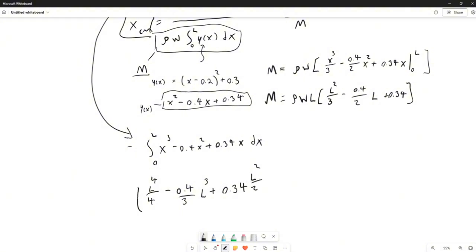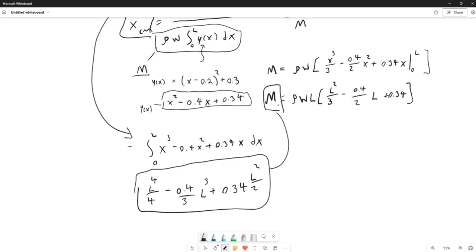And so then what we need to do is take this and divide it by our total mass, and that will equate to what our center of mass is.